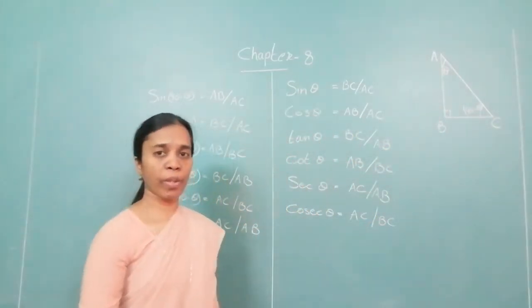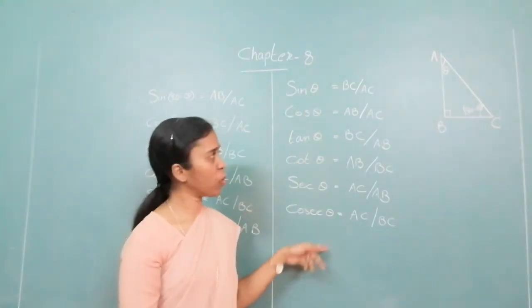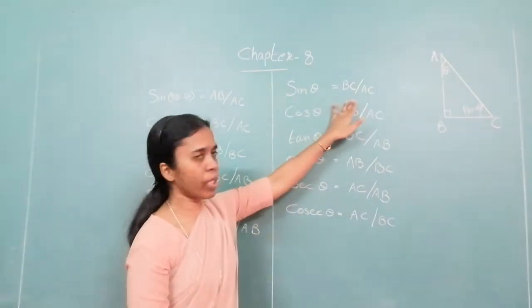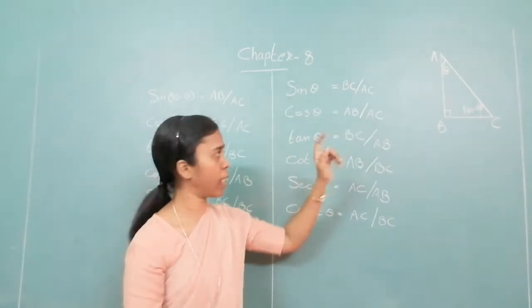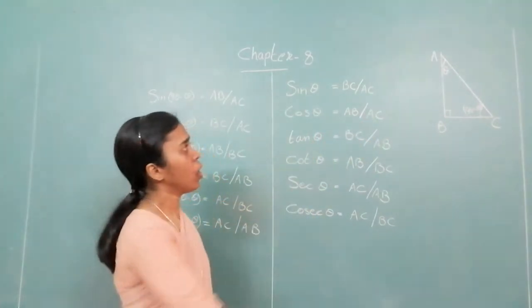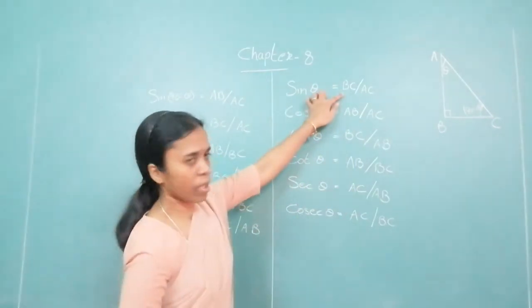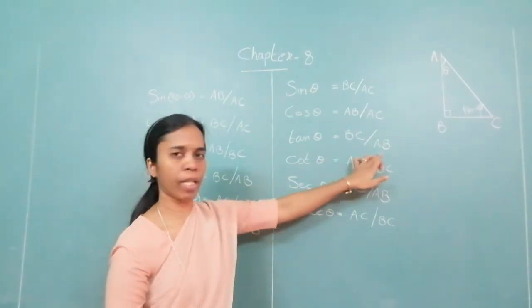Actually girls, if you have written the first two properly, the remaining ones you can get from the first two. Sine you have written BC upon AC. Cos you have written AB upon AC. Tan is opposite upon adjacent. Opposite, that is BC, upon adjacent, that is AB.